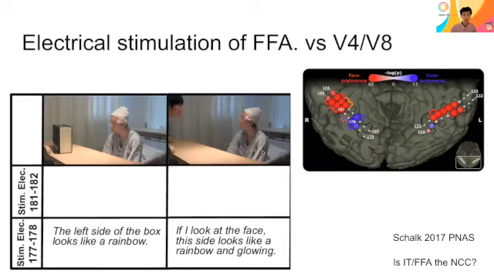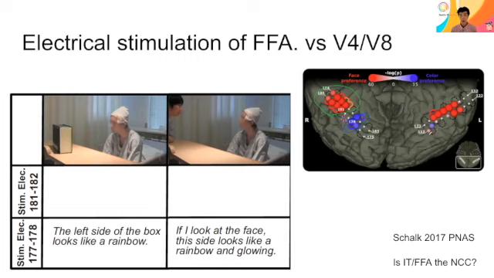Coming back to the particular patient who saw the color experience upon stimulation of this color selective electrode area, the part that is marked by the number 178. This patient was stimulated with electrodes in the same strip, but at a different location.